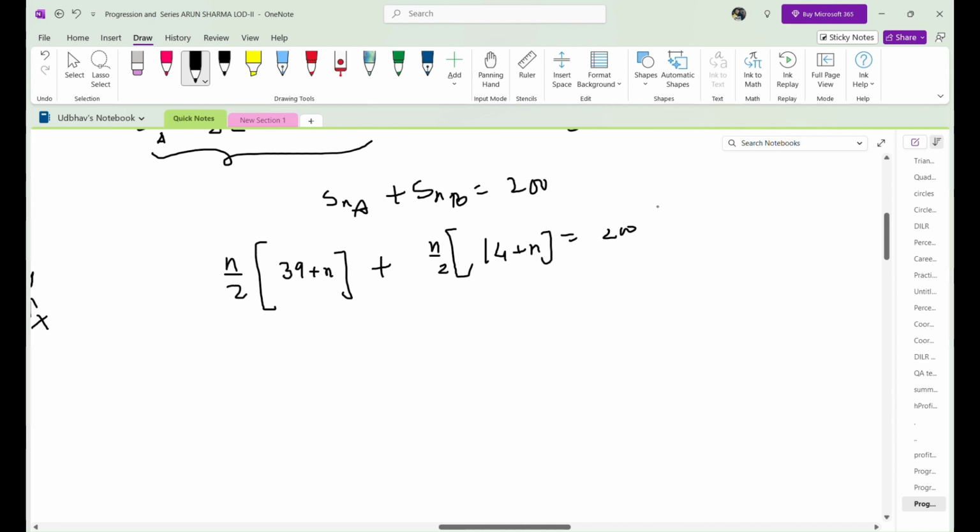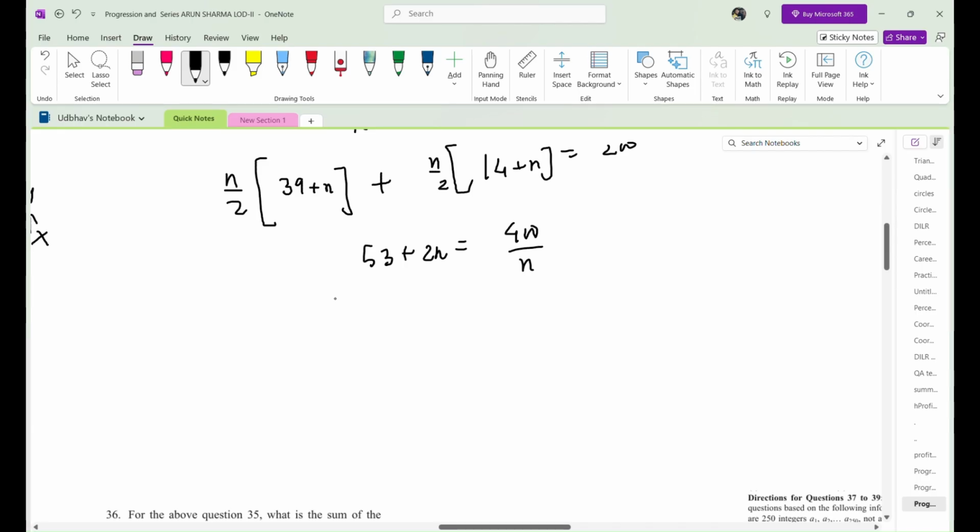We can take n by 2 common and shift it to the other side: 39 plus 14 gives us 53, 53 plus 2n equals 400 upon n. So this is going to be a quadratic equation: 2n square plus 53n minus 400 equals 0.